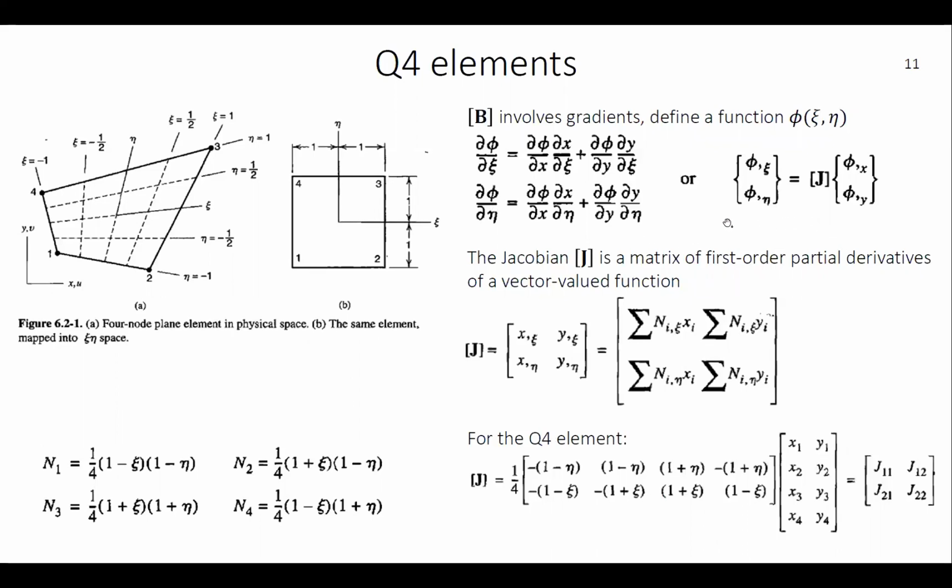In a more condensed format, we write phi prime xi, phi prime eta, which is the Jacobian matrix times the derivative in the global domain. So here we see again the Jacobian matrix is the mapping from the map domain to the global domain.